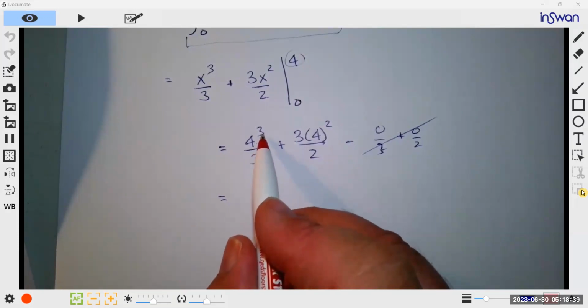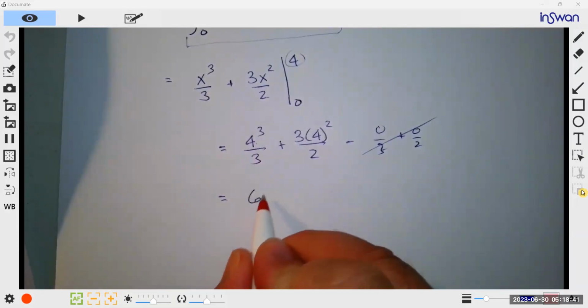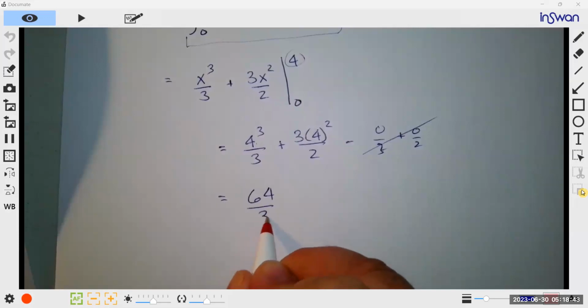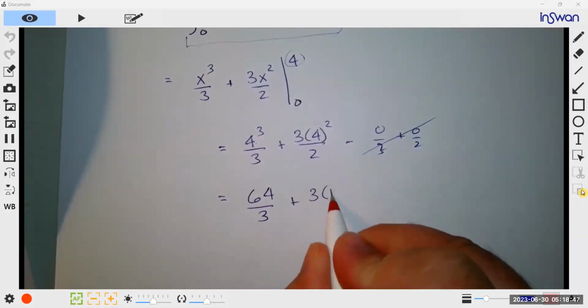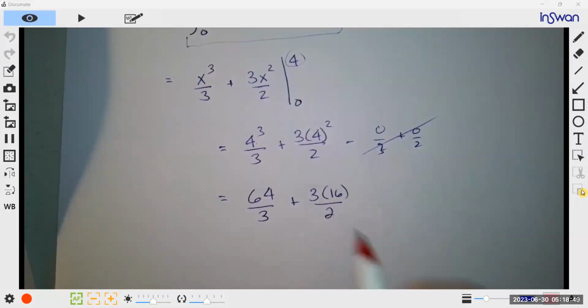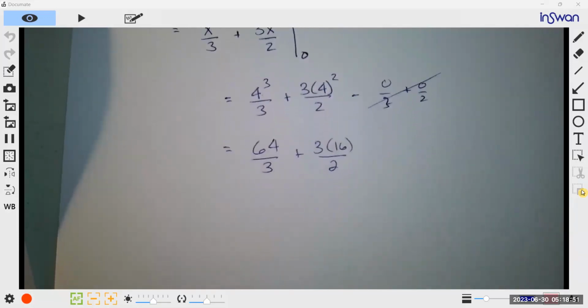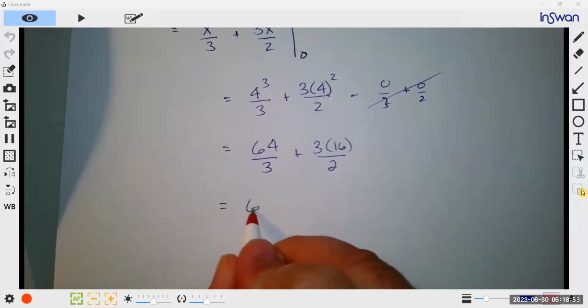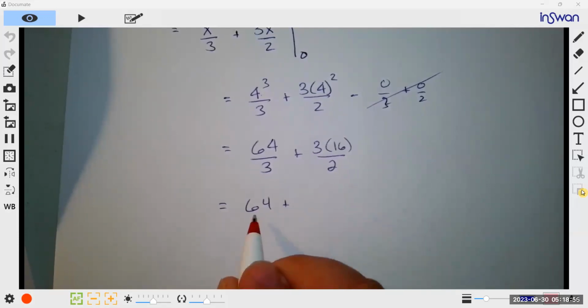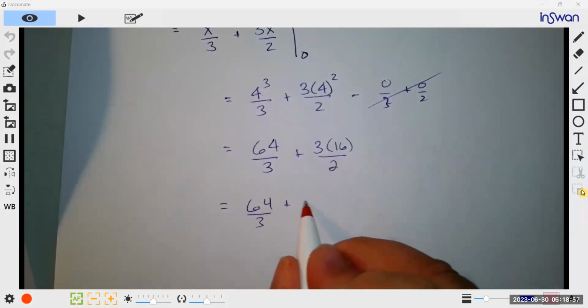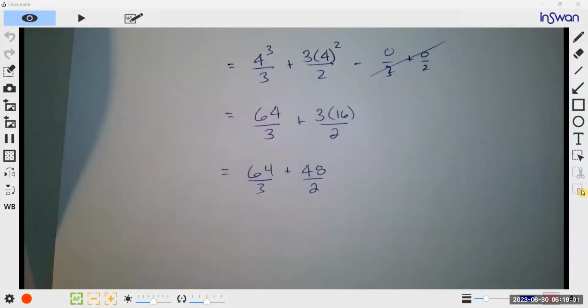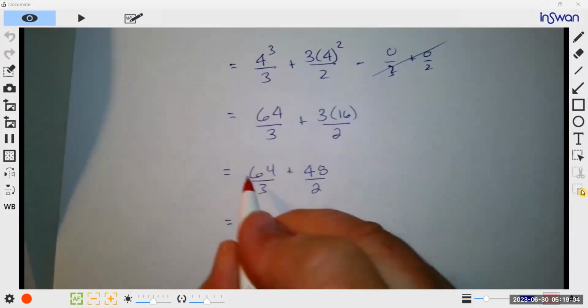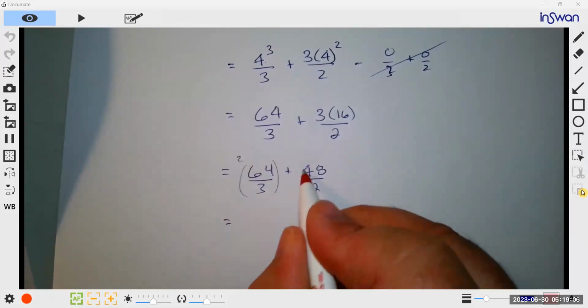4 times 4 is 16, times 4 is 64. 3 times 16 is 48. Get a common denominator. Multiply by 2.